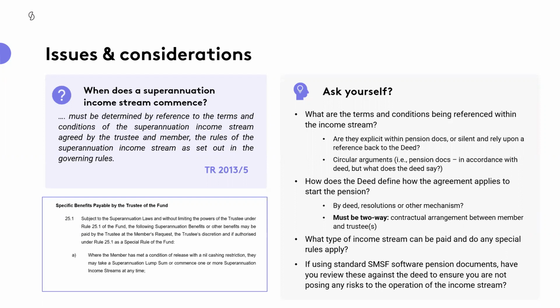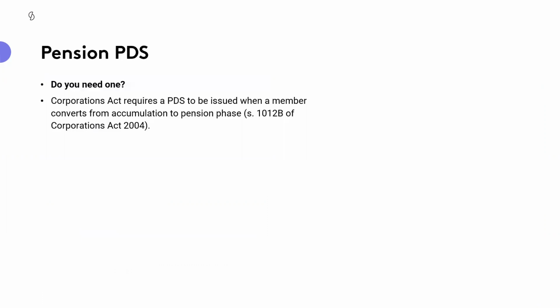So this final question then: if you are using standard pension documents, have you reviewed these against the deed to ensure that you're not creating any potential risks as to the operation of that income stream itself? So again, just start to think about some of these particular issues.